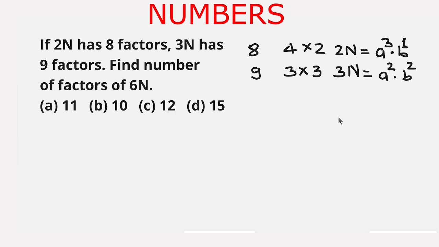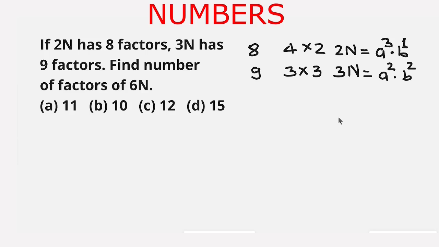Then only it is possible, because in 2n, 2 has to be merged either with a or b, then only this is possible. But if b is 2, then the power of b should be 2, but the power of 2 is 1. So only a has to be merged with 2.